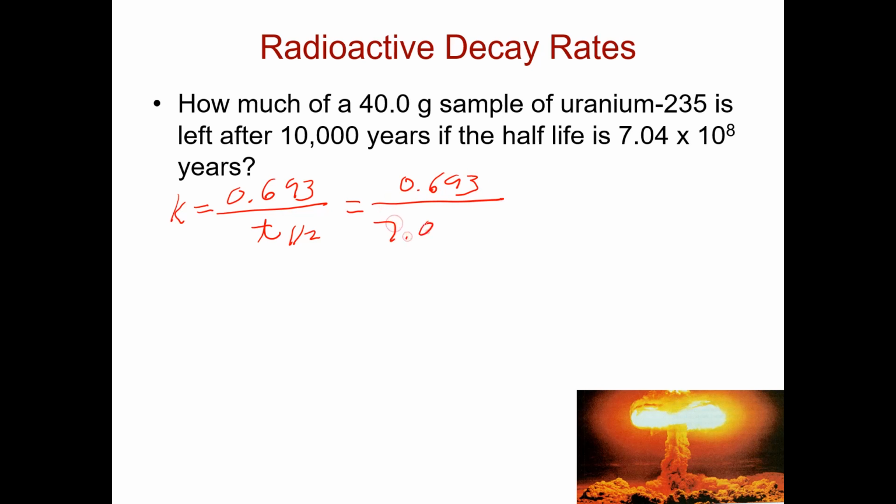And my half-life is 7.04 times 10 to the 8th years. So if you plug that into your calculator, you should get 9.84 times 10 to the negative 10th.